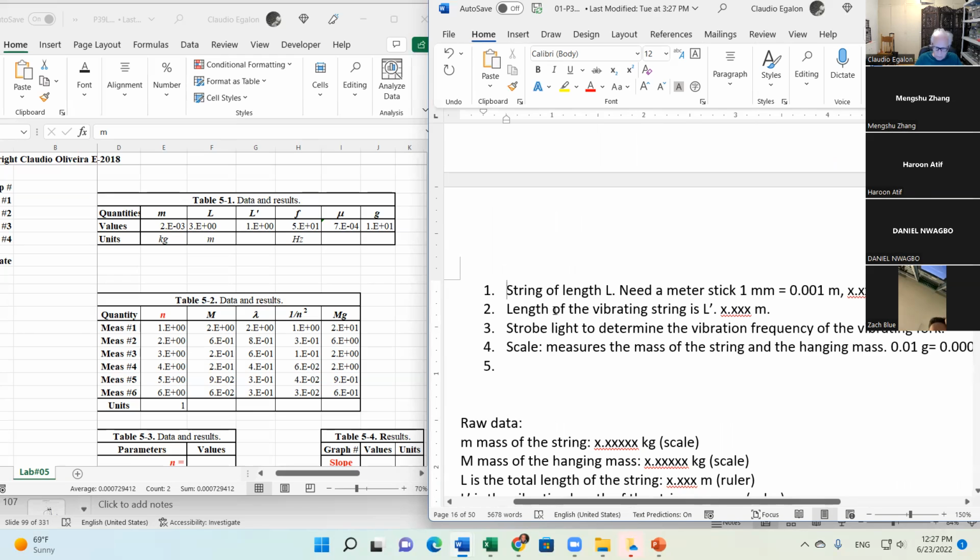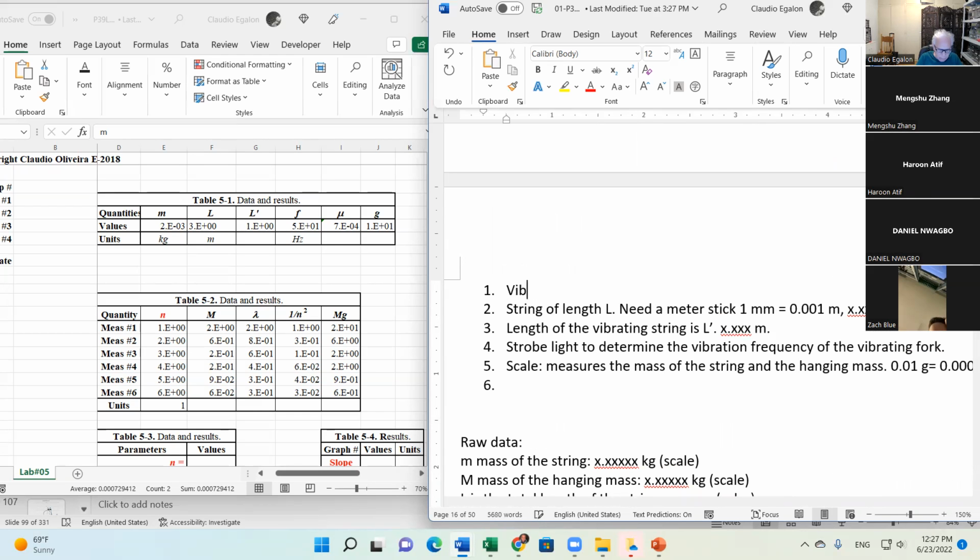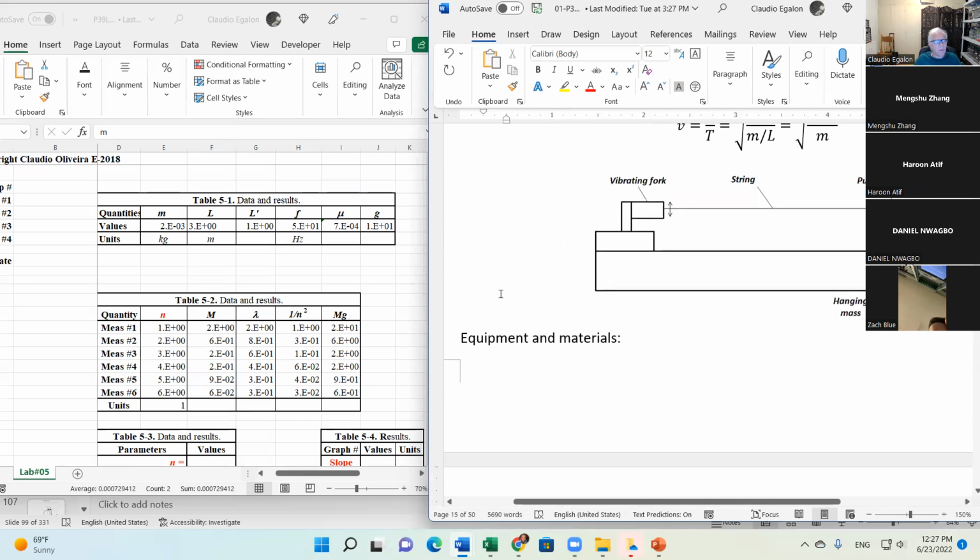What else? Here you go. So I had to put the vibrating fork here. Vibrating source to produce a wave in the string. And it's just like what I said.